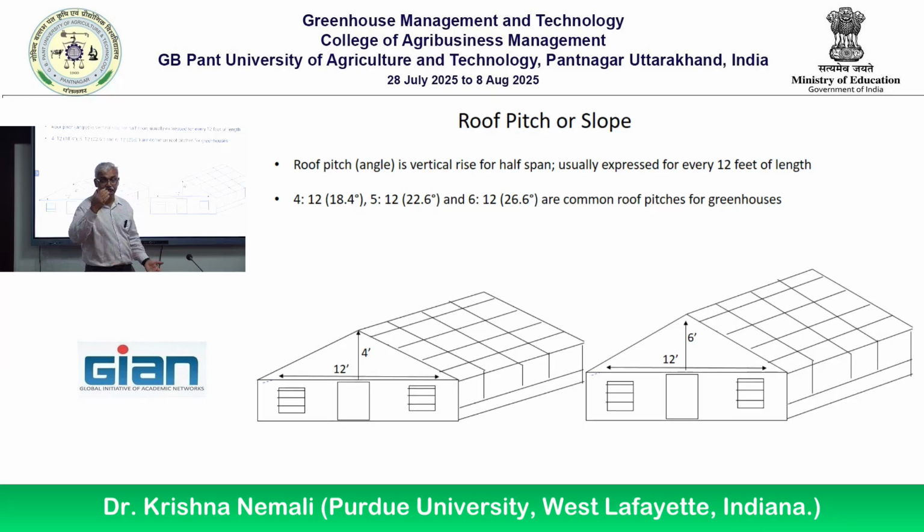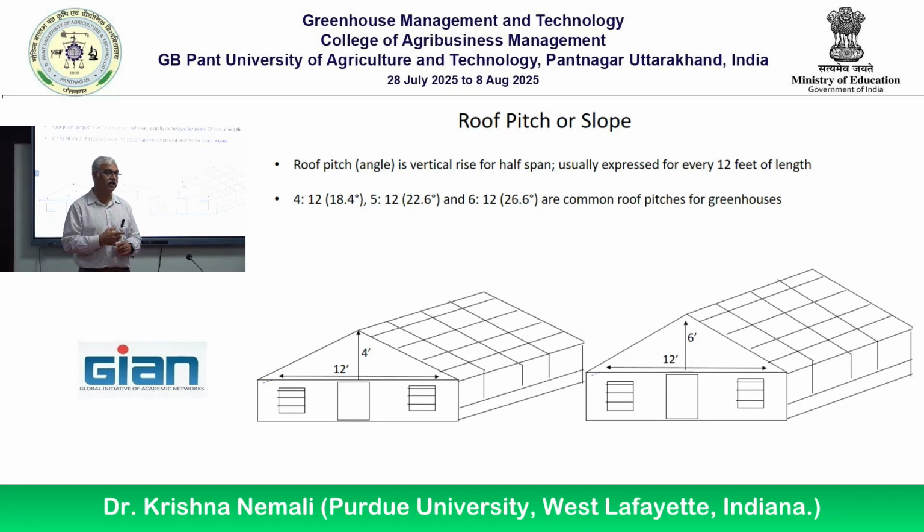But again, if your greenhouse is much wider, then you want to have an even taller rise. Rather than 6, you may want to go for a 10 feet rise, something like that, to create that sharp slope, so you allow more light to get inside. Roof pitch also plays an important role. Light transmission is a critical thing, and we are talking about all these design features to maximize light transmission.